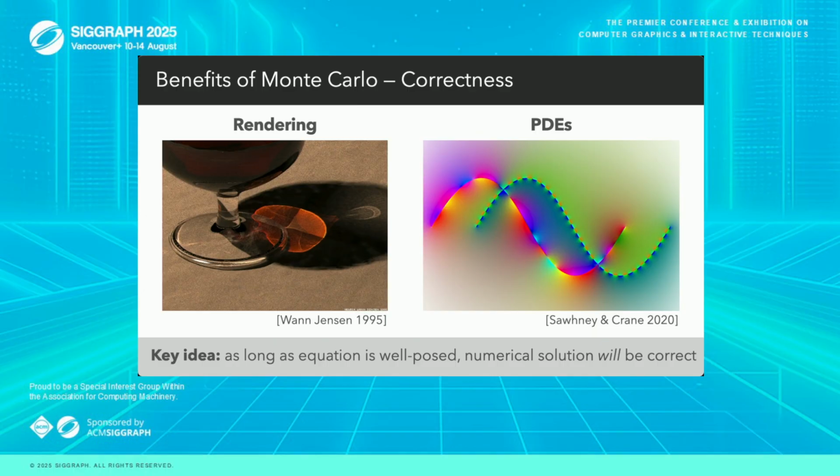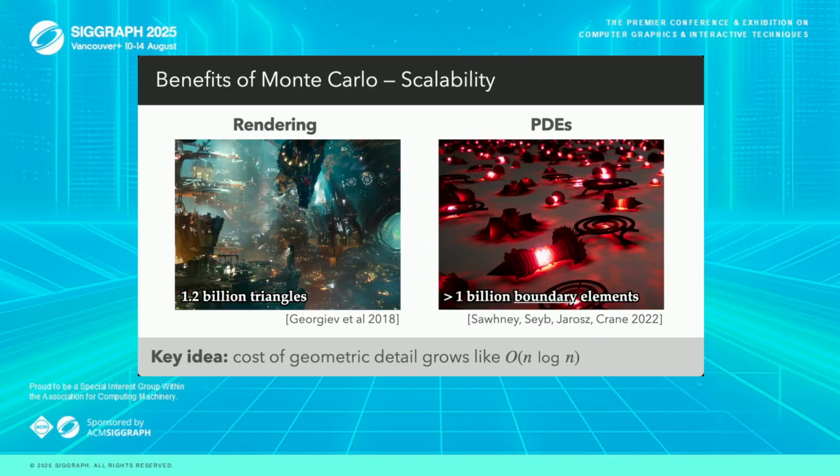We have correctness in the sense that as long as our equation is well posed, we're going to end up with a numerical solution that approximates the correct value. We have scalability, which is very easy thanks to the fact that we're using these spatial hierarchies and thanks to the logarithmic scaling of both the epsilon shell approximation and our queries, to scale to very, very, very large geometry with a lot of detail and huge scale.